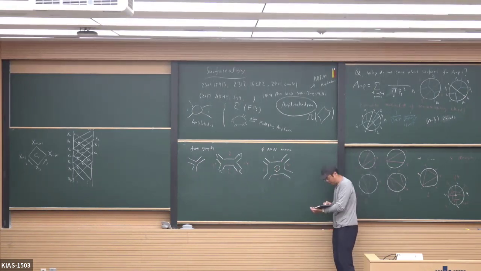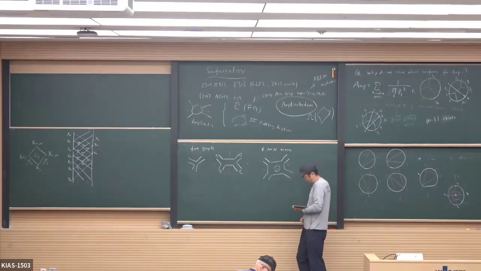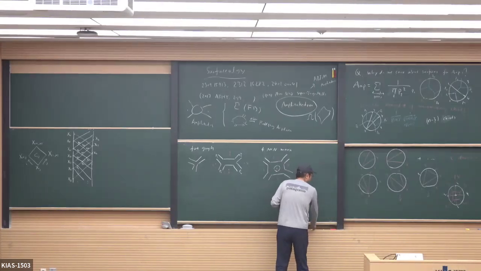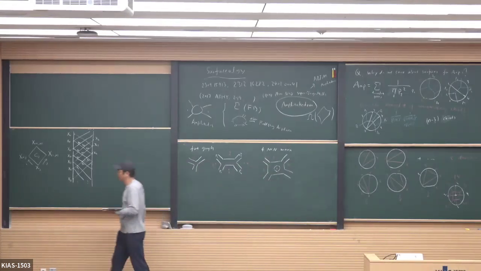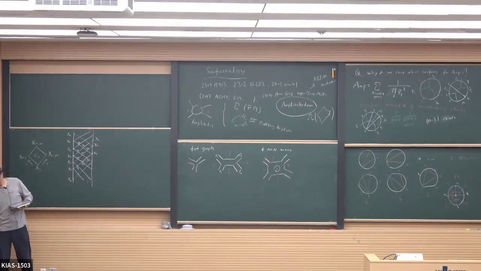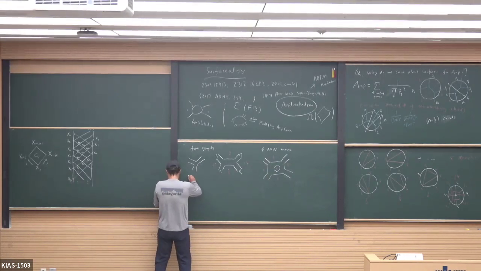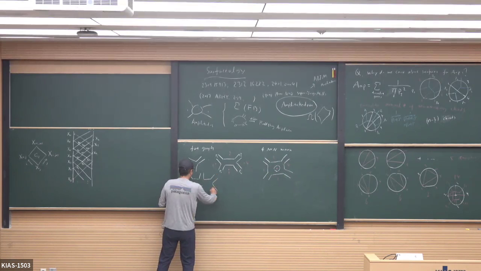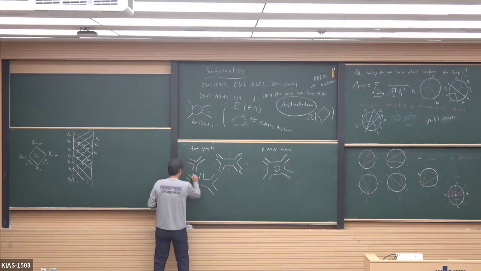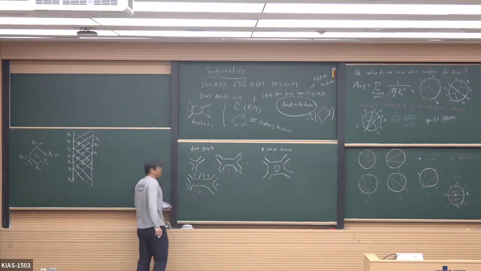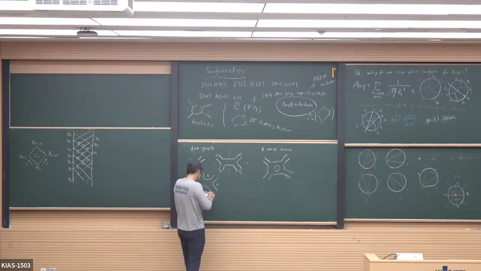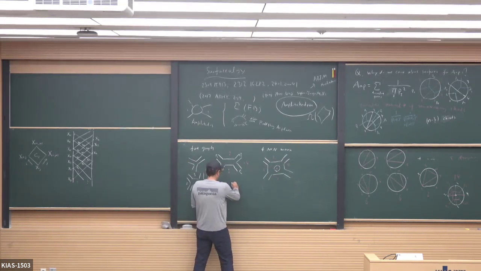You can keep playing this game with how the fat graphs look, for 5 particles it looks like this, and so on. Right? This is the fat graph for 5 particles. You have your marked points, and you can draw some non-planar diagrams like this.